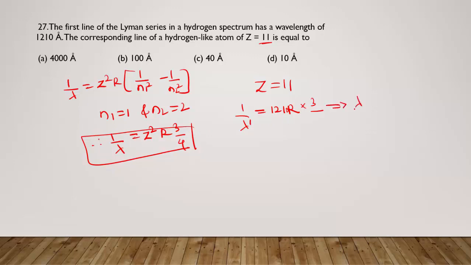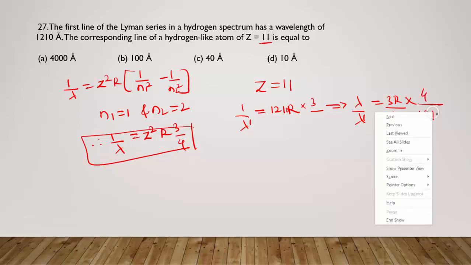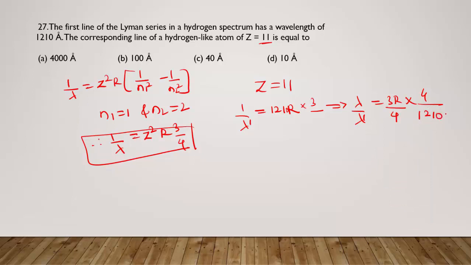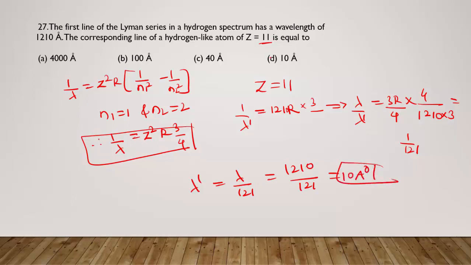This is equal to lambda divided by lambda dash, 3R/4 into 4/(1210 into 3). This value becomes 1/121, or lambda dash is equal to lambda divided by 121. Here 1210 divided by 121, you get the value 10 angstrom. The option D is the right answer.